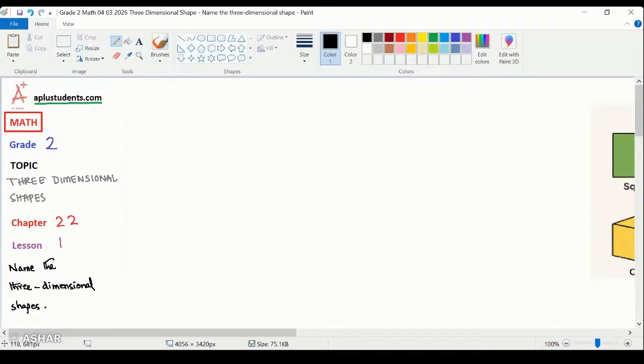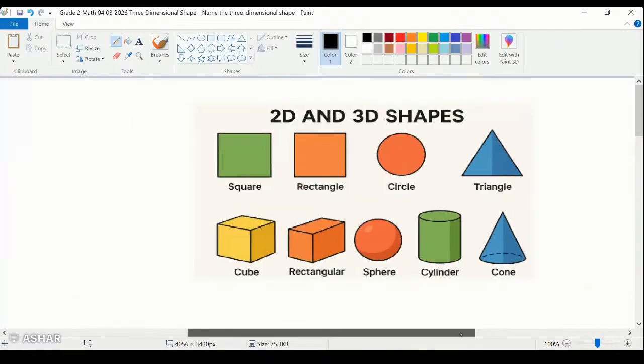So let's see what are 3-dimensional and what are 2-dimensional shapes, right? I have some images of 2D and 3D shapes.